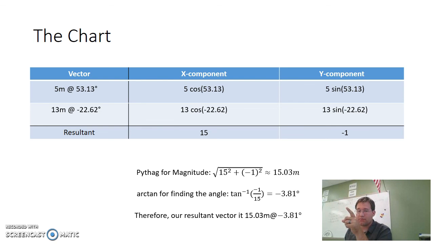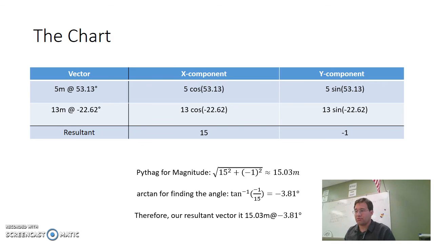A little word of caution before I leave you here for today. Whenever you have a negative inside your Pythagorean theorem, always make sure you use parentheses, because otherwise you will end up with the wrong answer. But when you go into arctan and you have a negative on the bottom of that fraction, it will automatically put that negative up to the top, which will give you the exact opposite direction of what you need.